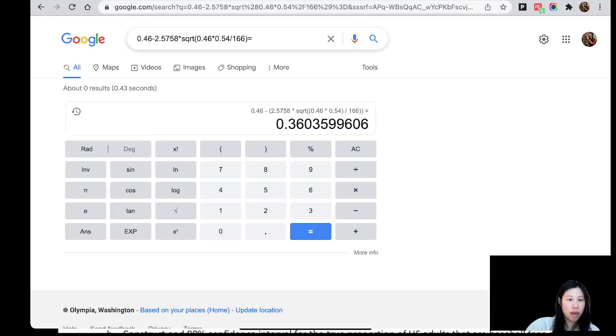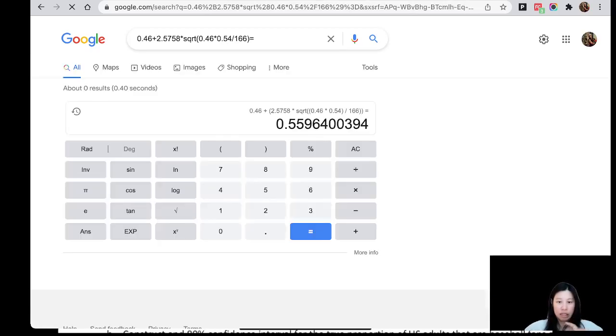Then we use the same method, but instead of subtracting, we change it to plus. So this equals 0.5596.